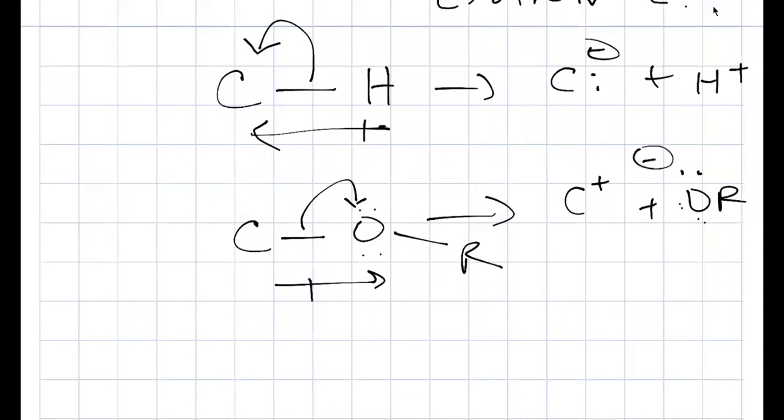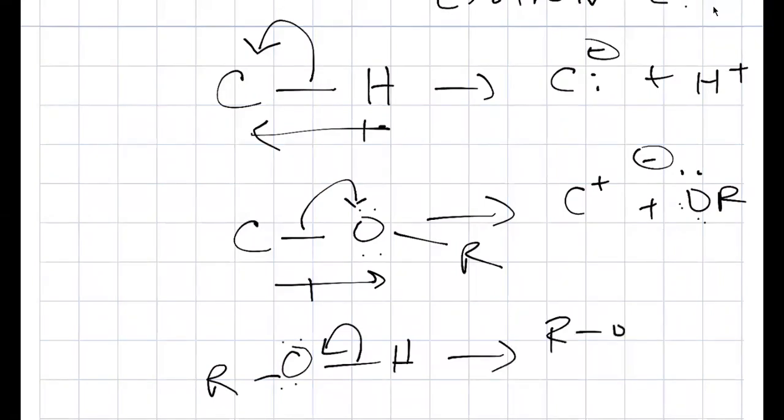That's a rule of thumb. If I have a bond like so with OH, with an R out here, that bond is going to be broken and oxygen is going to receive that pair of electrons. Are y'all following? We're good?